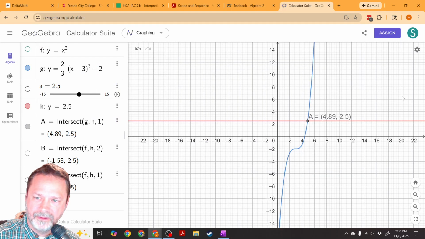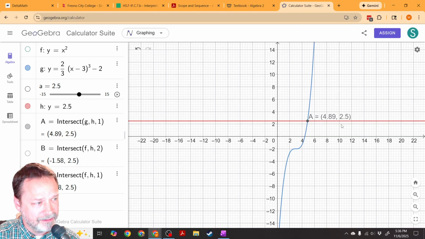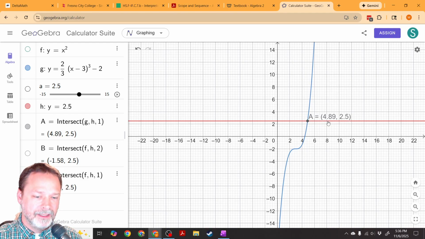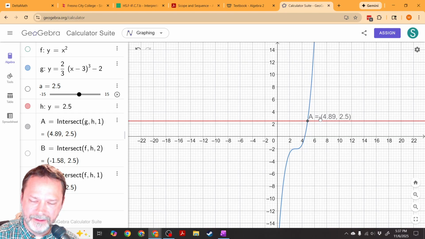So instead of a vertical line, we can use a horizontal line test. If we're looking at these graphically, we would use a horizontal line to see if we indeed are dealing with a one-to-one function.